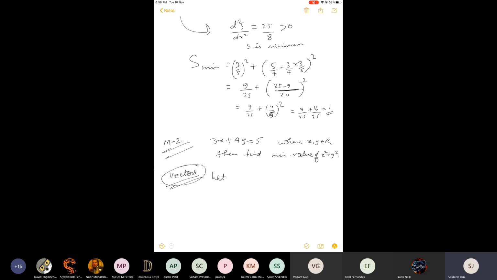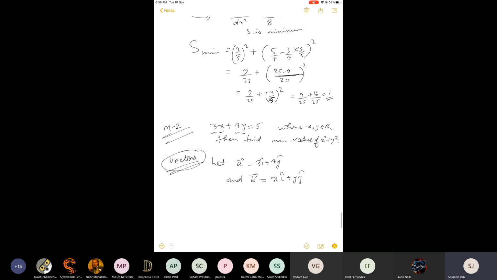Actually, you will have to start by assuming two vectors. Let there be a vector formed by the numbers present here: 3 i cap, 4 j cap. I solved this type of question when I taught you vectors at that time also. And let us assume another vector B, which will be formed by these alphabets: x i cap, y j cap. And from here, I will find the dot product.